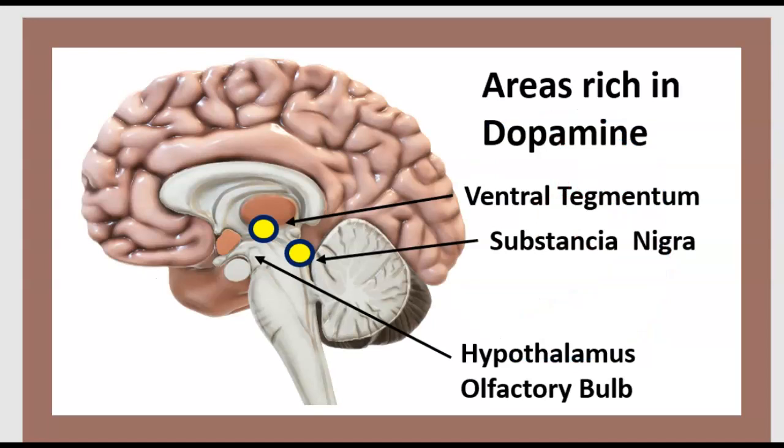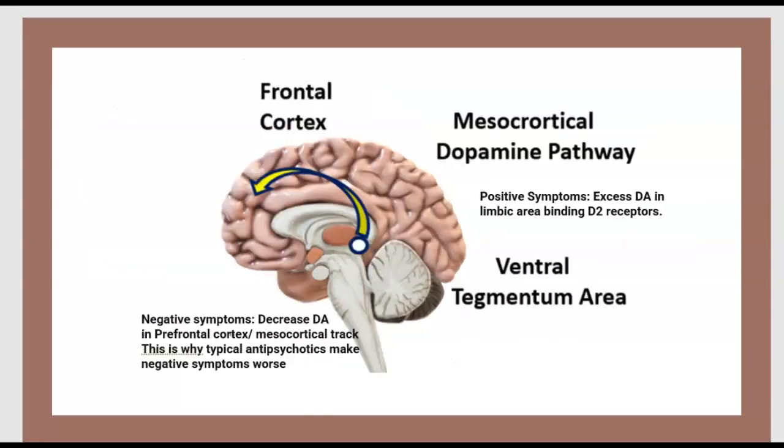All this is about dopamine. Schizophrenia and psychotic disorder are caused by an increased level of dopamine. The areas rich in dopamine are the ventral tegmentum, substantia nigra, hypothalamus, and olfactory bulb. There is a mesocortical dopamine pathway.